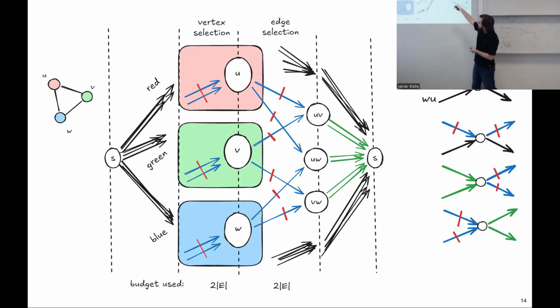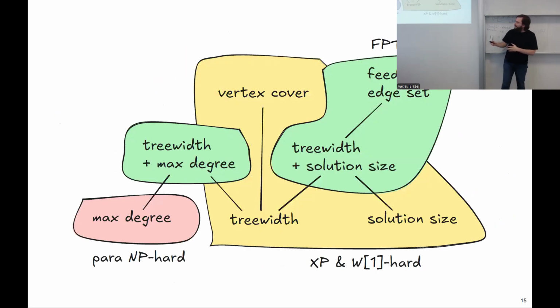But to make them inactive, you need to cut these, and you need to cut these, and you have exactly the budget to cut one copy of those edges in the first layer, one copy in the second, and that's it. And you need to make these in the third layer inactive as well. And that means you can choose only these two variants of how to cut those edges. Okay, that's it.